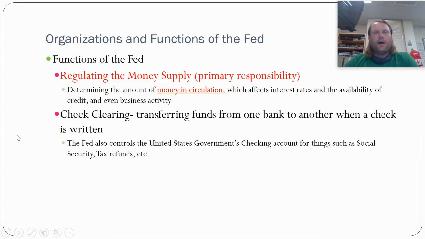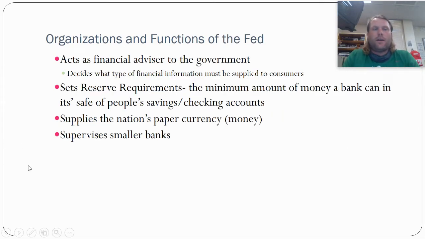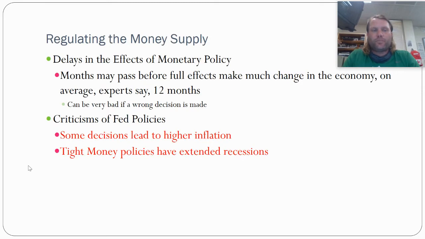The big thing is one way it's referred to of what the Federal Reserve does is that they regulate the money supply. The supply of money is determined by how much money people save. And eventually the Federal Reserve is going to allow banks to loan out a certain percentage of that. We'll talk about that further as we continue to go.